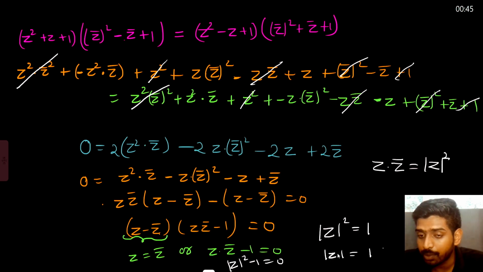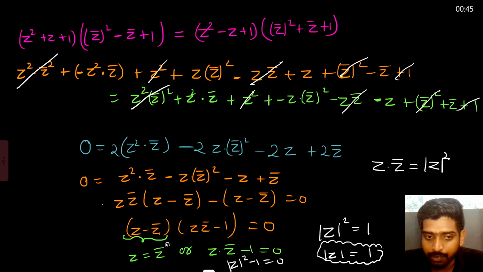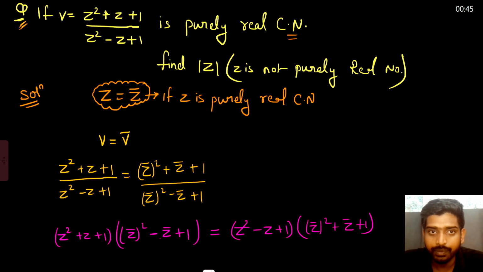We will not take minus 1 because, as I said, modulus is always positive. Now we'll see what the question is asking. They're asking the modulus of z value, right? And they mentioned that z is not a purely real number.